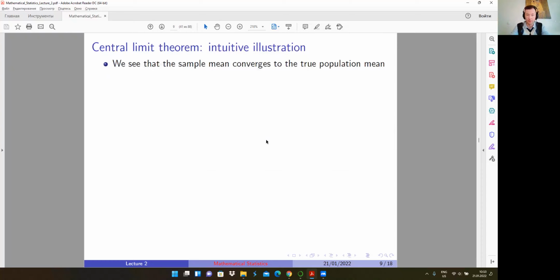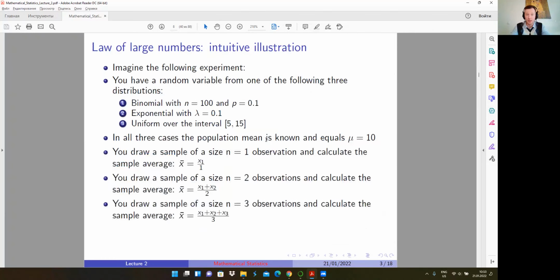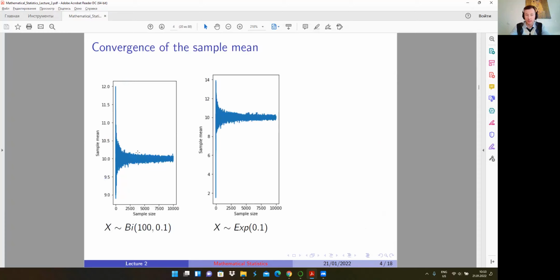And for example, going back here, what can I say about the true population mean if I have something like this? The true population mean might be not 10, but for example 10.002 or 10.05, something like this. It also might be true, right? Because I don't know where exactly my sample mean converges.